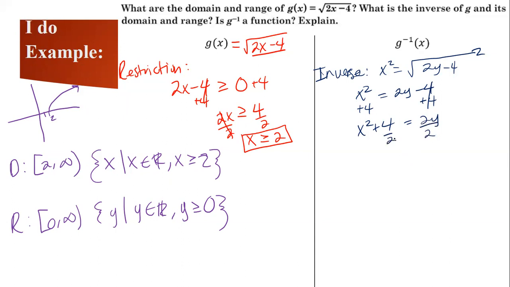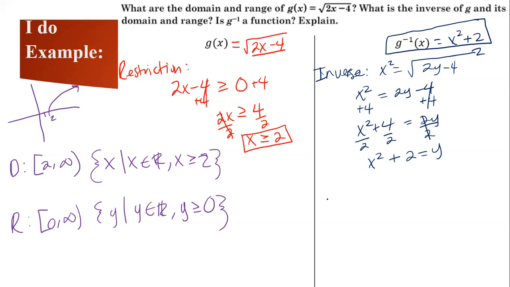Perfect, divide by 2. And I'm left with x squared plus 2 equals y. So therefore, my inverse is x squared plus 2. Are we good with that? That's why we have to learn how to find inverses first.